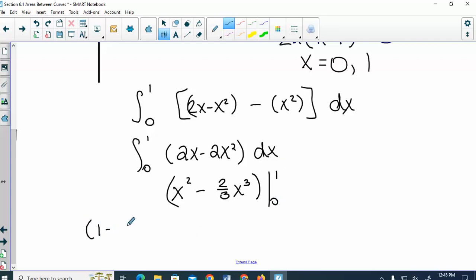So if we put in a 1, minus put in a 0, and we get 1/3. Any questions on that?